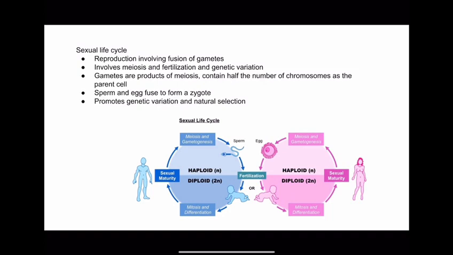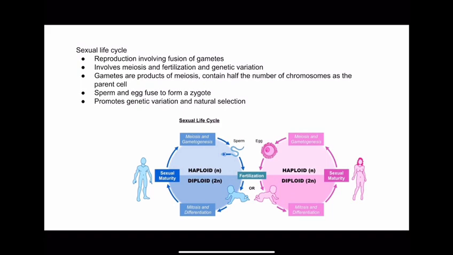The haploid cells, of course, have half the number of chromosomes as the parent cell, and these haploid cells are called gametes. During fertilization, a sperm cell and an egg cell fuse to form a zygote, which is a single cell that contains all of the genetic information from both parents. The zygote then undergoes mitosis, a type of cell division that results in the formation of 2 identical cells.